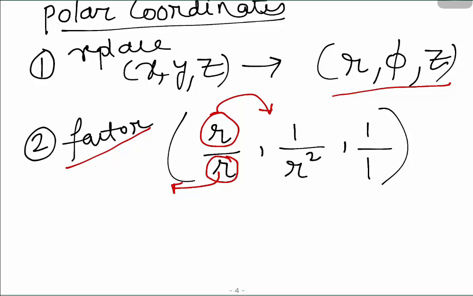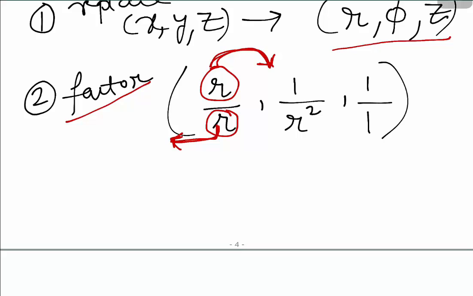I will say it again. Numerator will go inside the bracket and denominator will stay outside the bracket. See, denominator r will stay outside the bracket. 1 by r, our denominator.